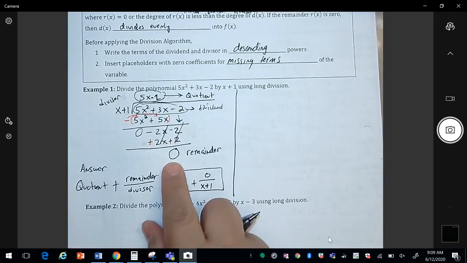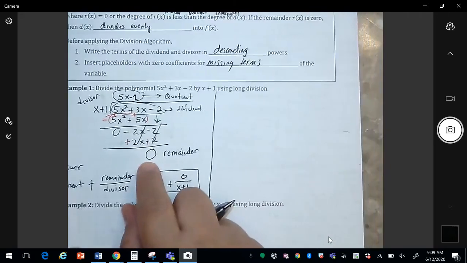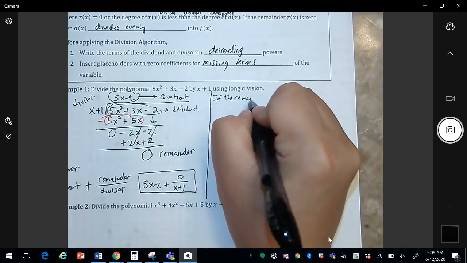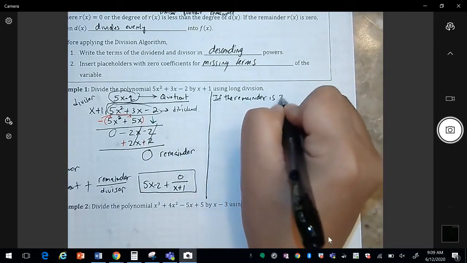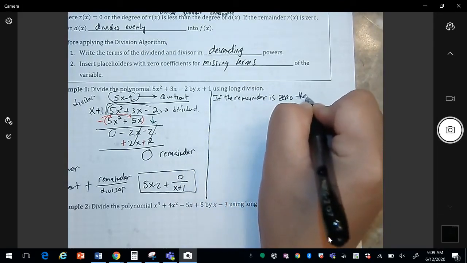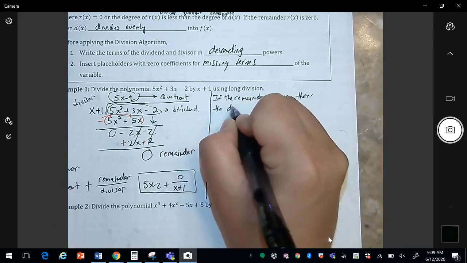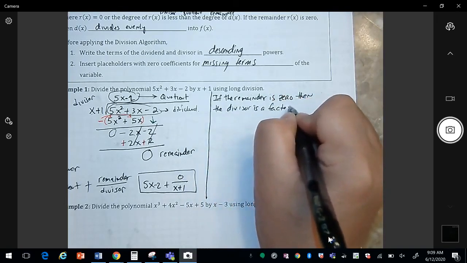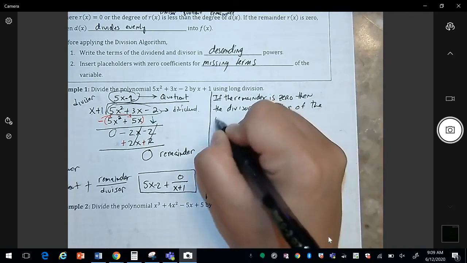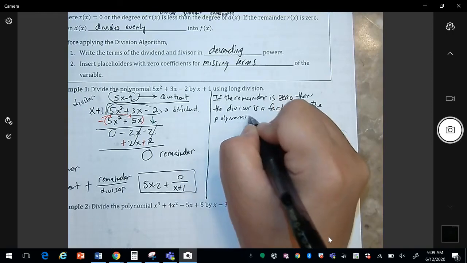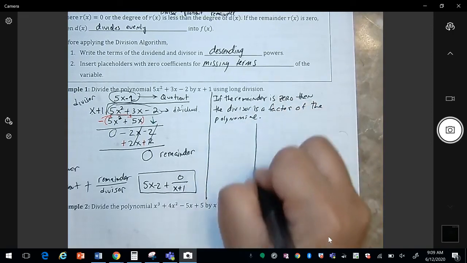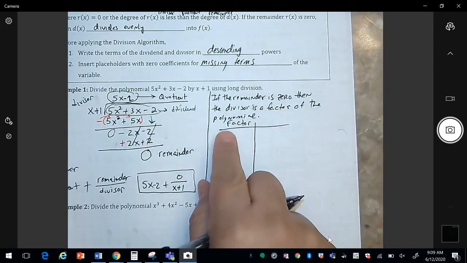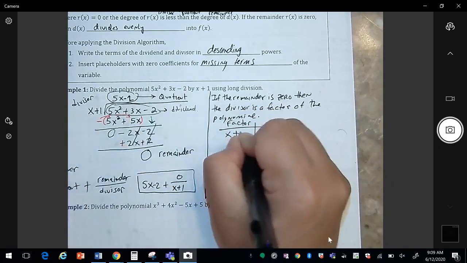Whenever we get a remainder of 0, this is going to be very helpful, and we can say that if the remainder is 0, then the divisor is a factor of the polynomial. Basically what this means is you have a factor, so x plus 1 is a factor.